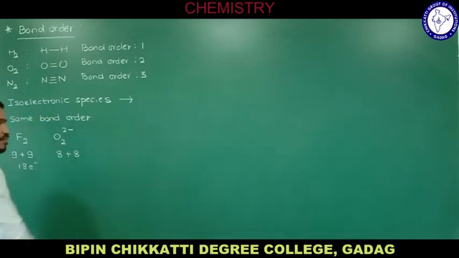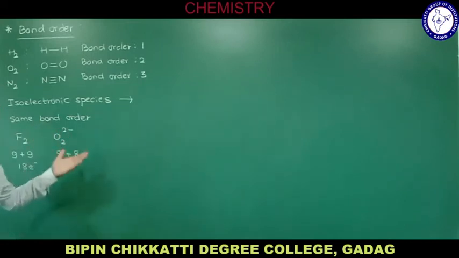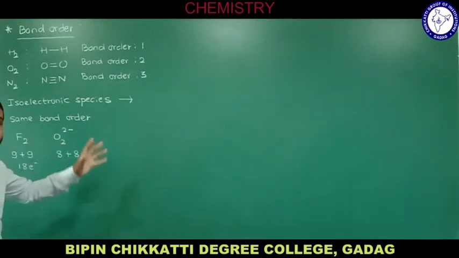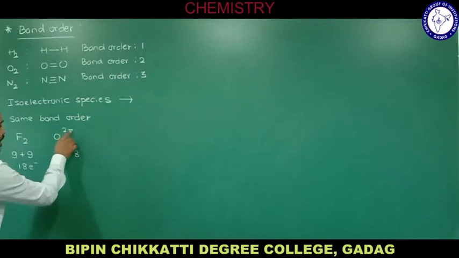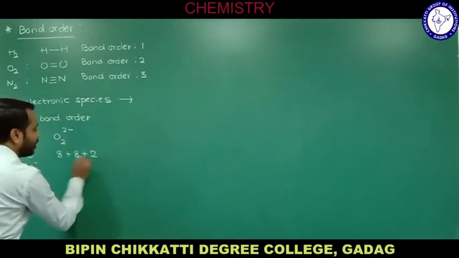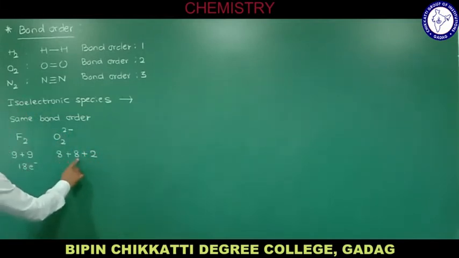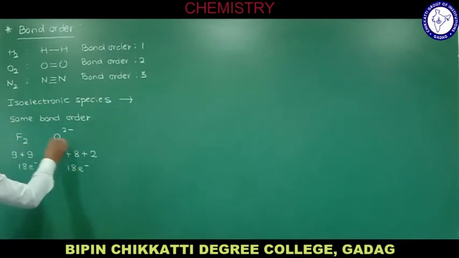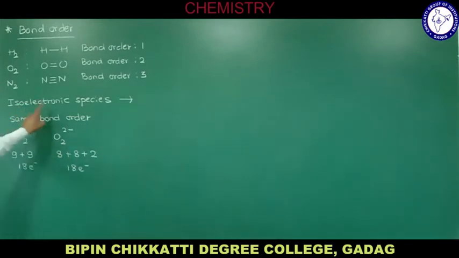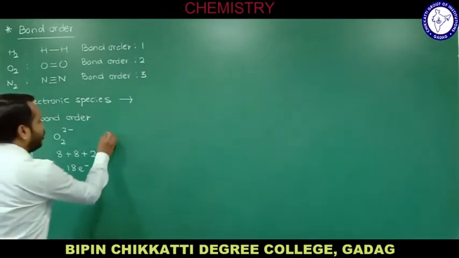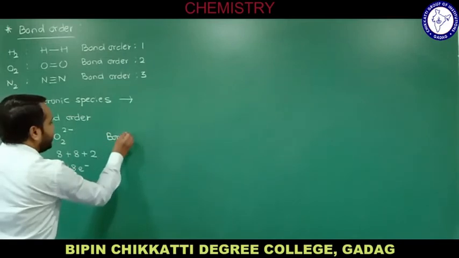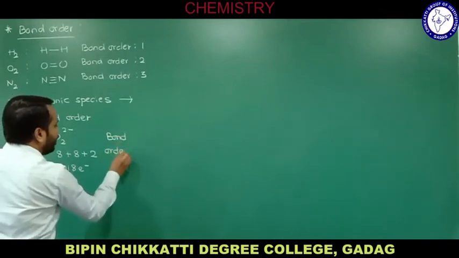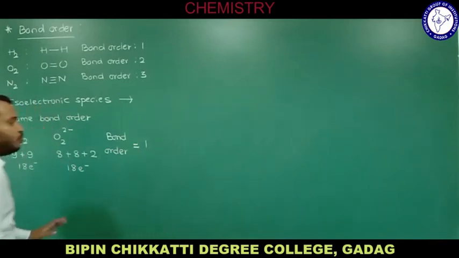We have 2 minus, which indicates an anion, and an anion is formed by gain of electrons. Two electrons have been gained, so I write 2 here. 8 plus 8 is 16, 16 plus 2 is 18 electrons. So F2 and O2 2 minus have the same number of electrons, therefore they belong to isoelectronic species, and their bond order will be the same. The bond order is actually 1 in these two cases.